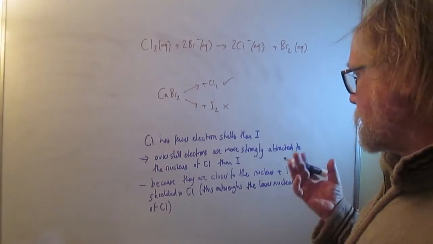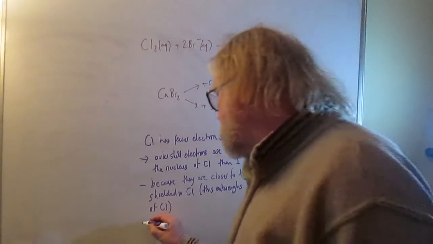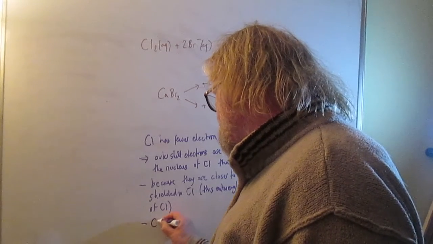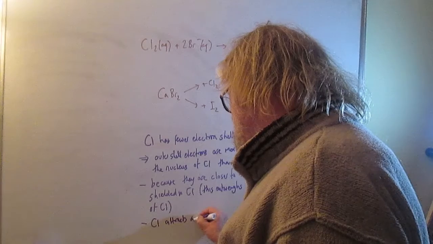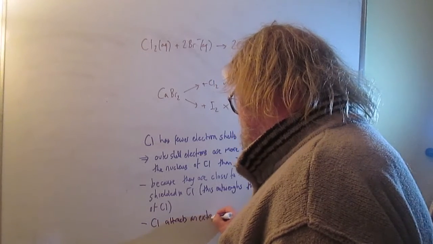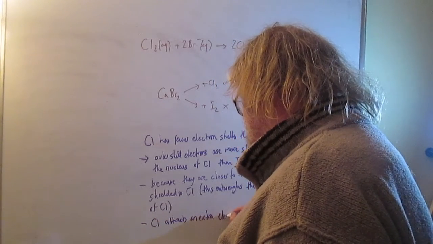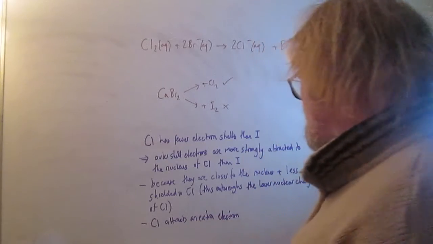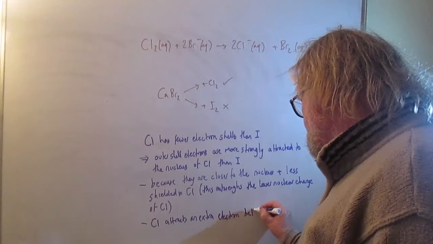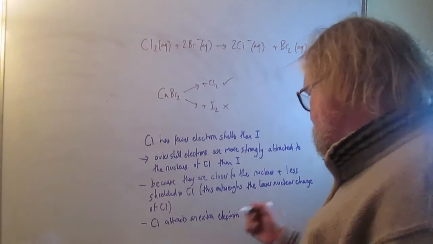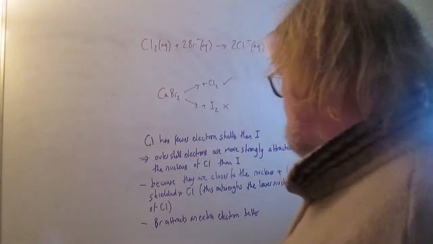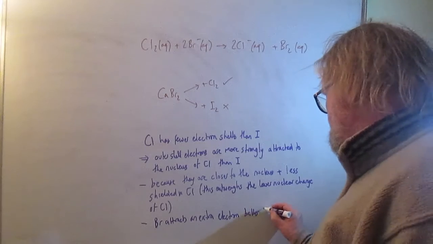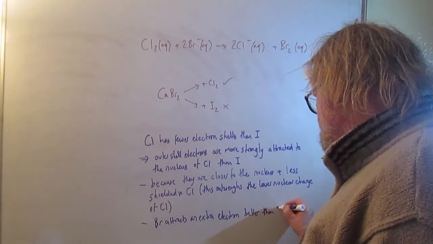And so we need to say that explicitly, that chlorine attracts an extra electron better than bromine. Let's try that other way around. I want to say that bromine attracts an extra electron better than iodine.